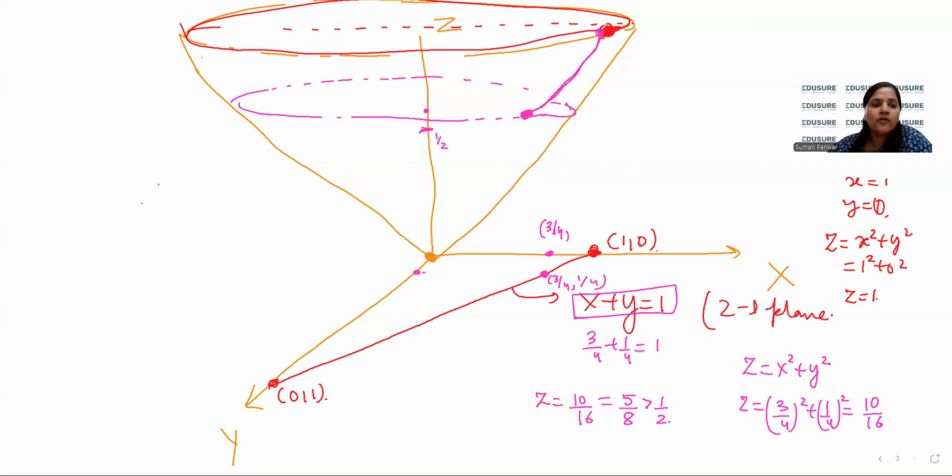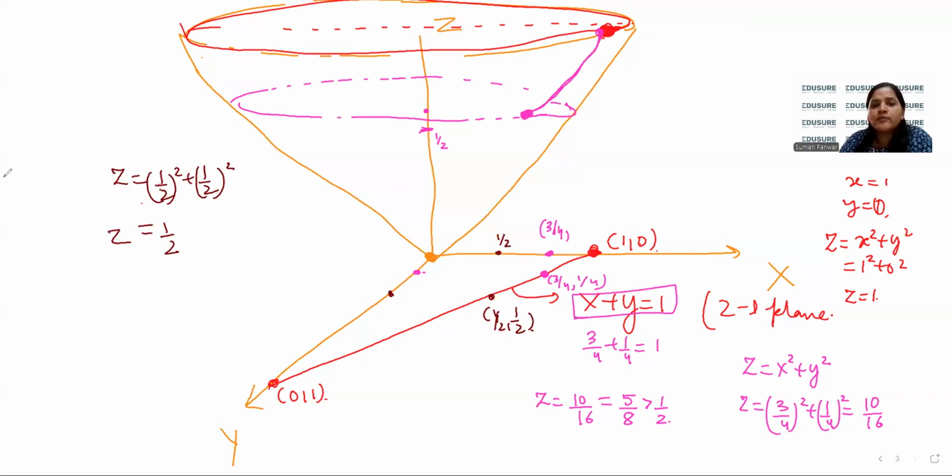Okay. Now, suppose I put x equals half. So when x equals half, y is also equal to half, (half, half). Okay. So now what is happening? z will be equal to (1/2) square plus (1/2) square, which is going to be half.